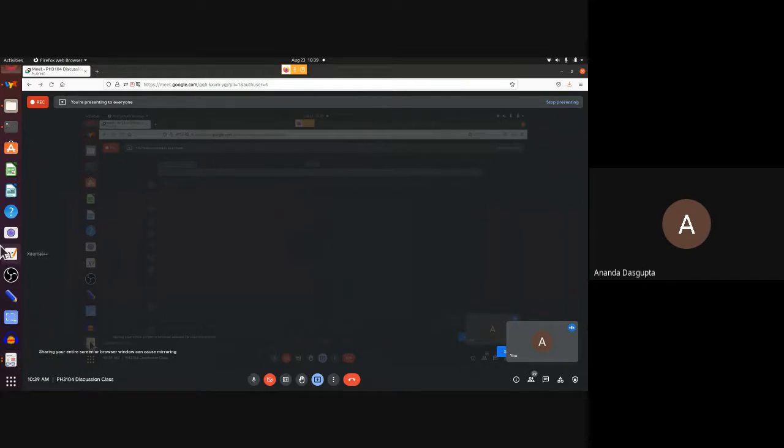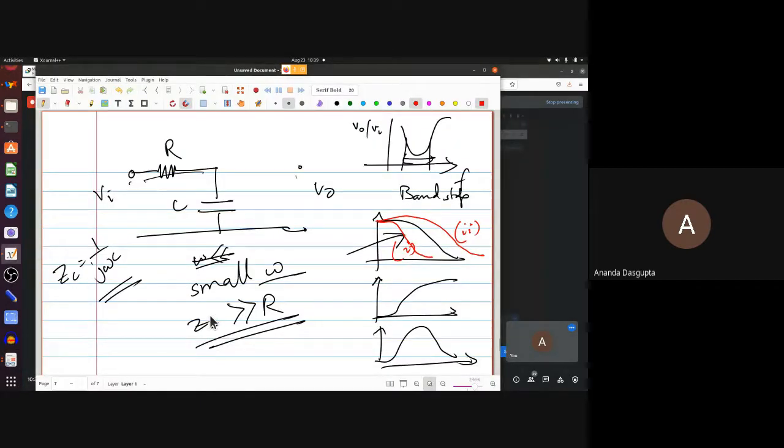So now, answer. If you drew the VO by VI versus frequency curve for that two cell system that we already had in black, and that for the one cell system in red, which one of the two red graphs, the graph labeled 1 or 2, would be the correct graph?